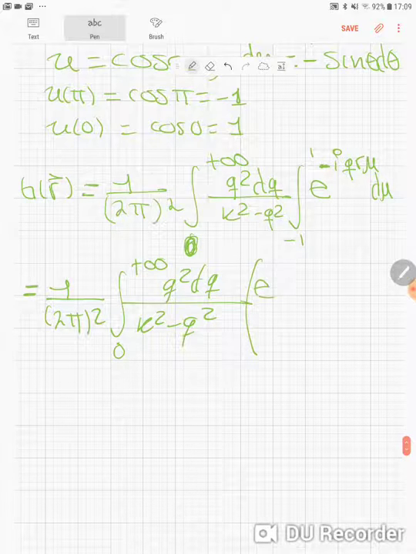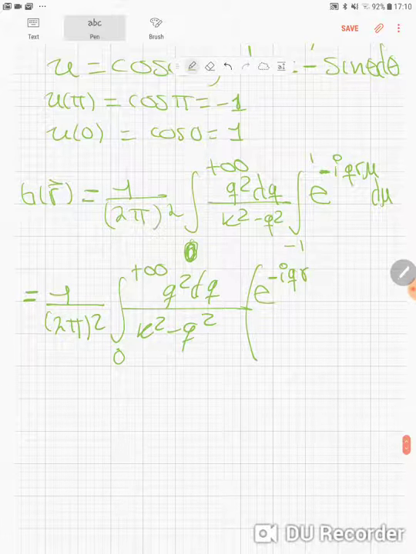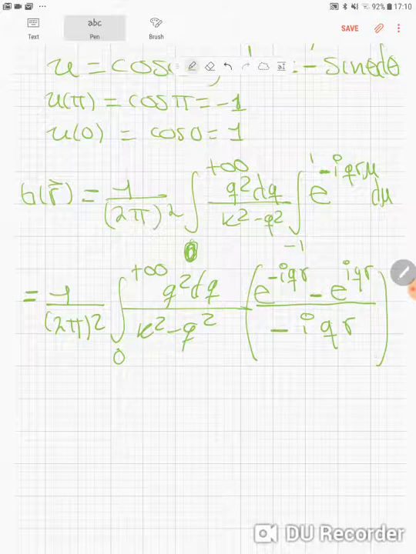So this is going to be e^(-i q r) minus e^(i q r), that sounds right, divided by minus i q r.